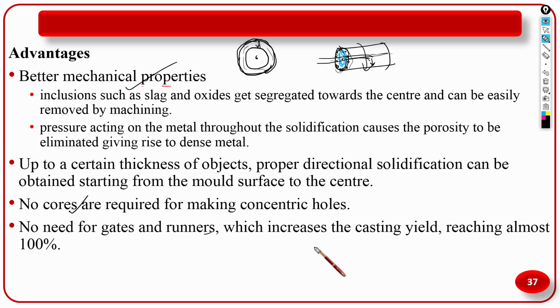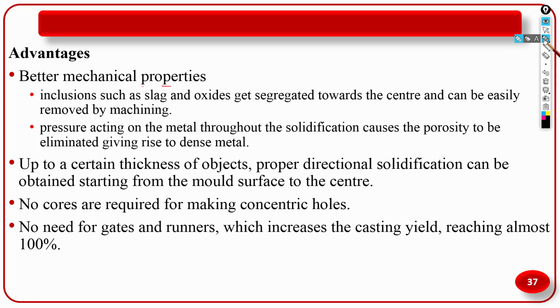So there is no need of gates and runners, and the extra metal which is wasted inside the gate and runner, which is removed after casting, is not removed here. So obviously there is no need of removing all those things, and that's why the casting yield is like 100%, there is no wastage of metal.